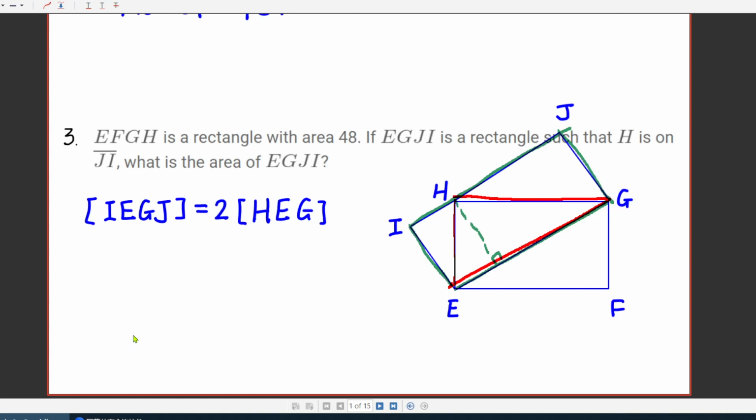On the other hand, triangle HEG is half of rectangle EFGH. Therefore, we know the area of EFGH is twice the area of the triangle HEG, right?